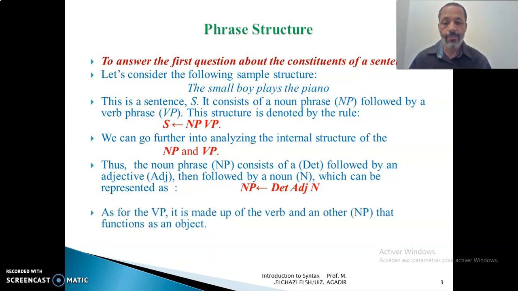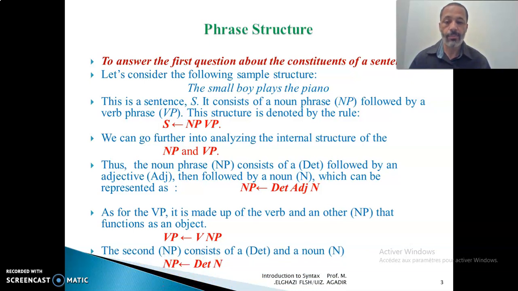Then the VP also consists of a verb followed by a noun phrase, a second noun phrase. The verb is the verb to play, plays, conjugated into simple present, and then the noun phrase, the piano. The noun phrase itself consists of two elements, the determiner the, and the noun piano.